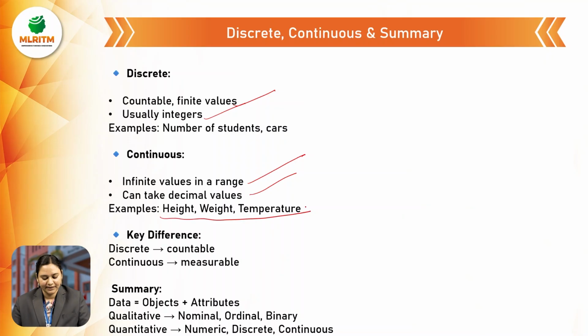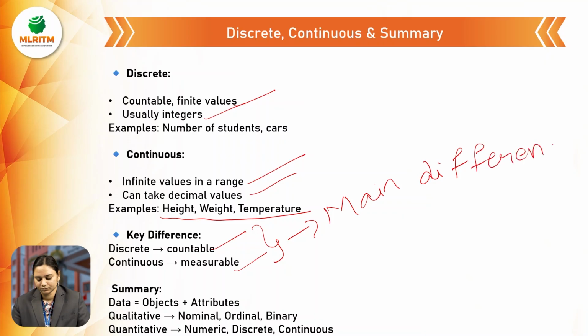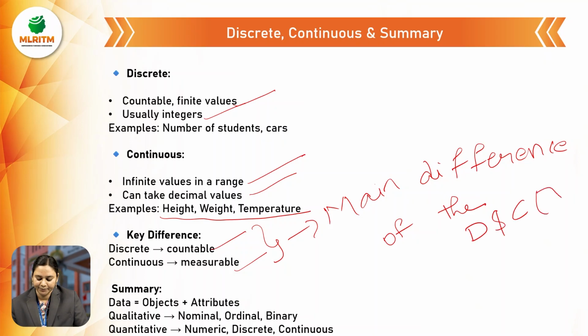Here is the main difference between discrete and continuous: discrete means countable and continuous is measurable.